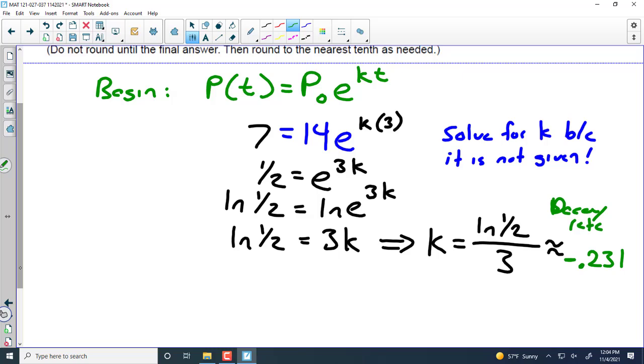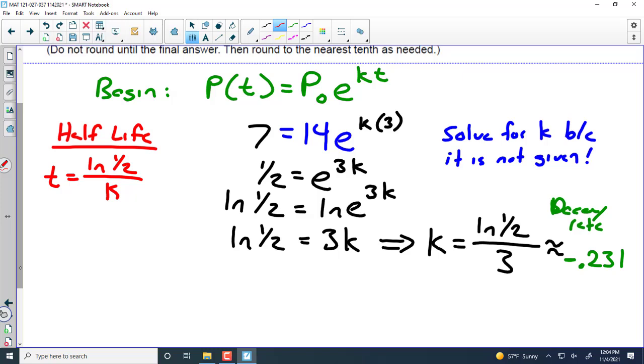Yeah, it actually looks a lot like half-life. So you might have been thinking, am I looking for a half-life right now? No, we're actually not. But it's not a coincidence, because half-life looks like this. That's what half-life looks like. But check it out.